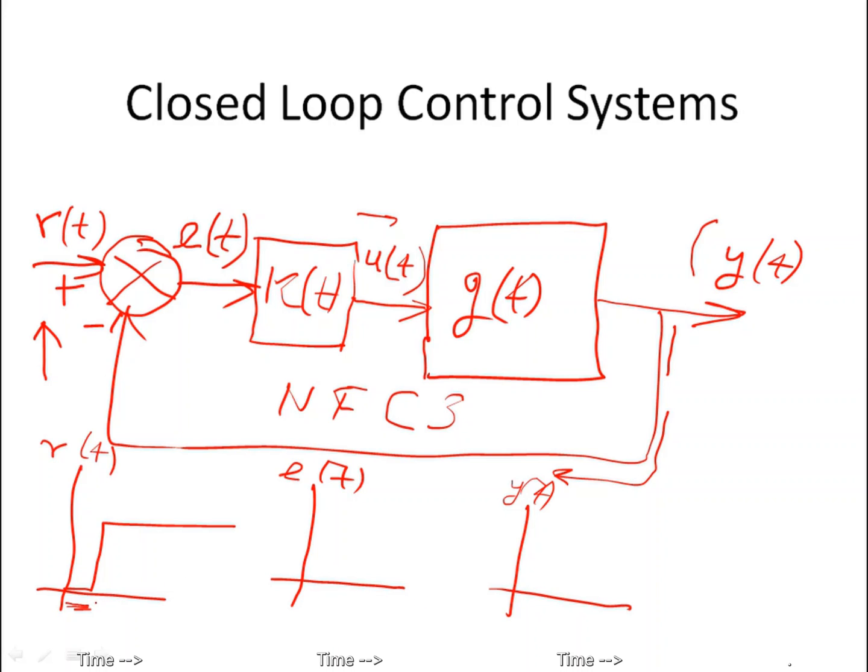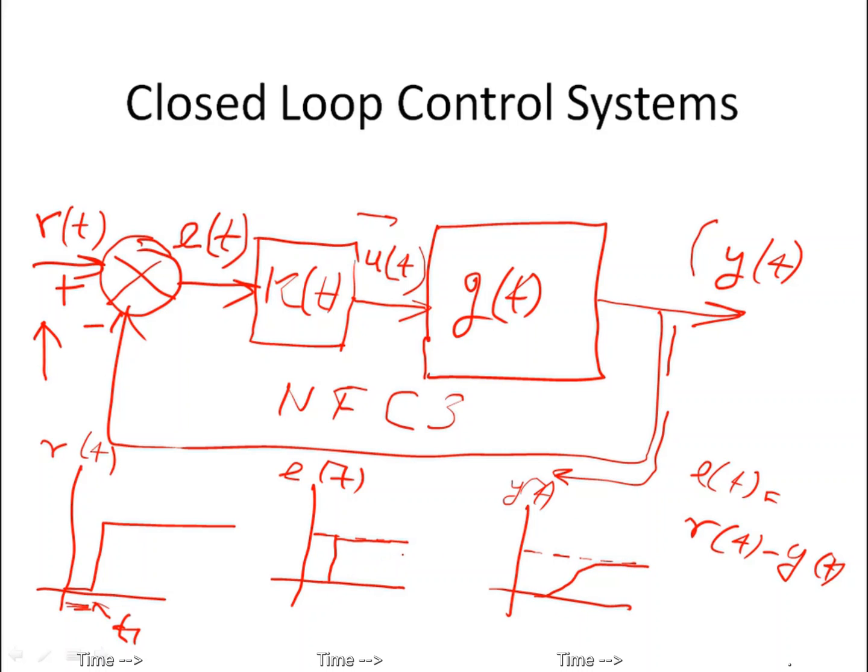After some time, say at t equals t1, input increases to a certain value, but as the system is inertial, we will see that no output comes. But I can find here that error signal ET equals RT minus YT. So error signal ET is developed at this point. Once the error signal is developed, it is following RT. Output gradually develops like this.